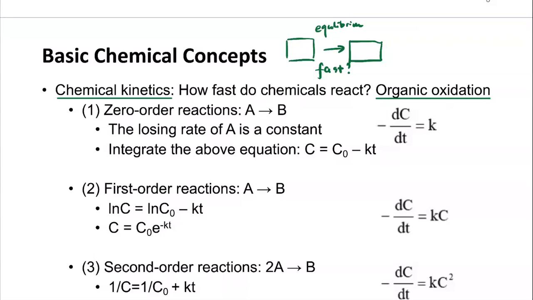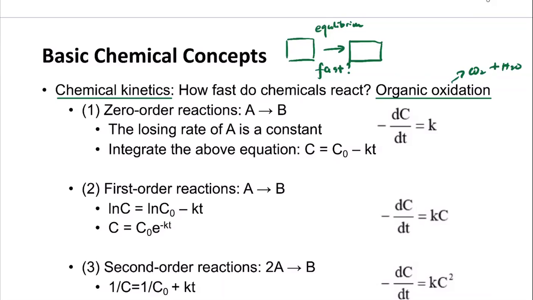We know that in wastewater, there are a lot of organics, right? We need to treat these organics, basically oxidize them into carbon dioxide and water. But how fast is this oxidation? Is it very slow? If it's very slow, then we need to design a very large reactor and let the water stay there for a sufficient amount of time before we discharge it into the environment, right?